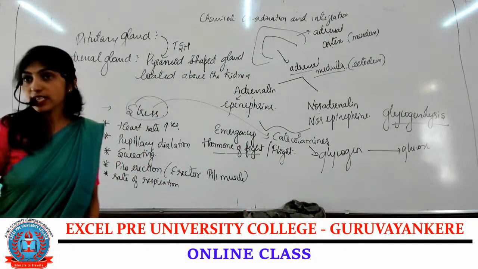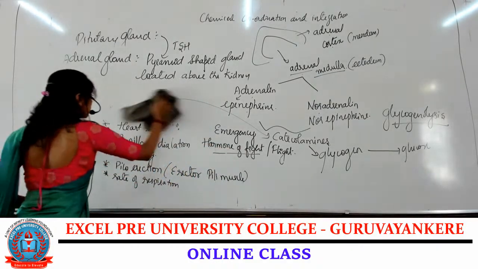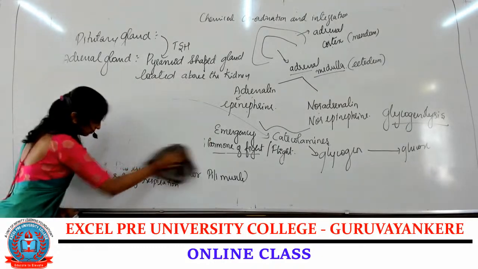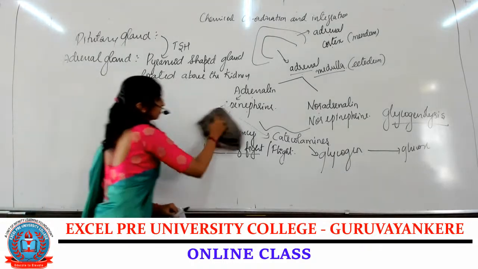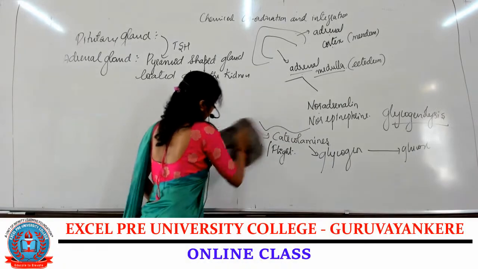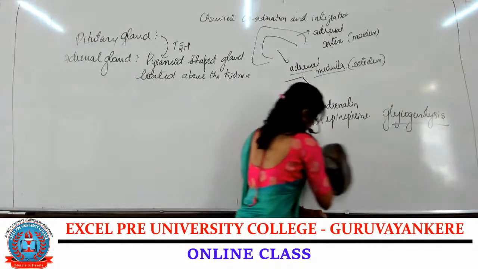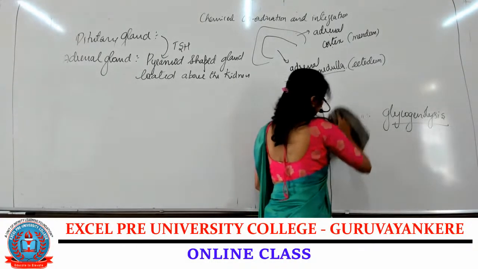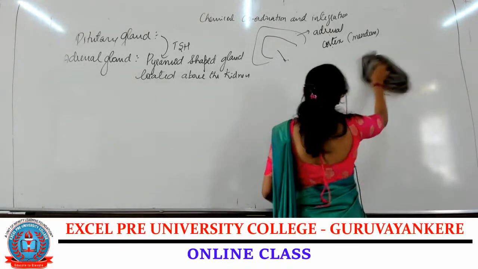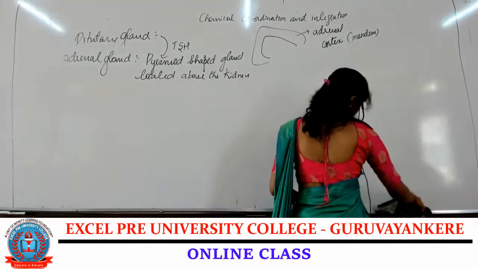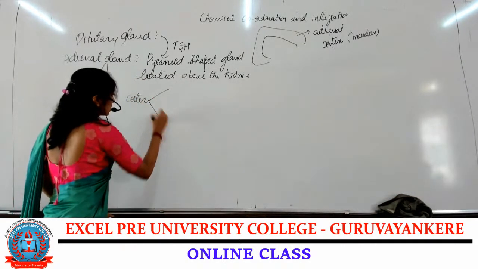The adrenal cortex is mainly divided into three regions.